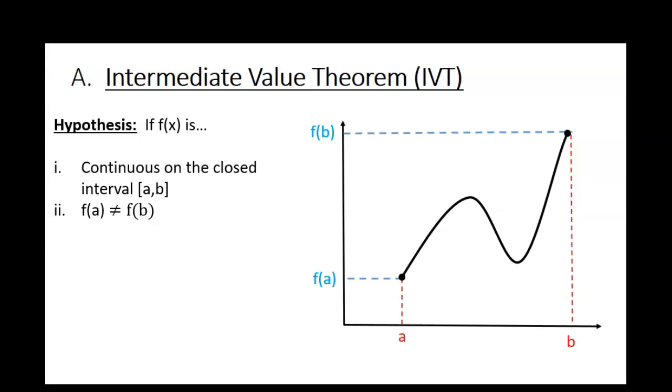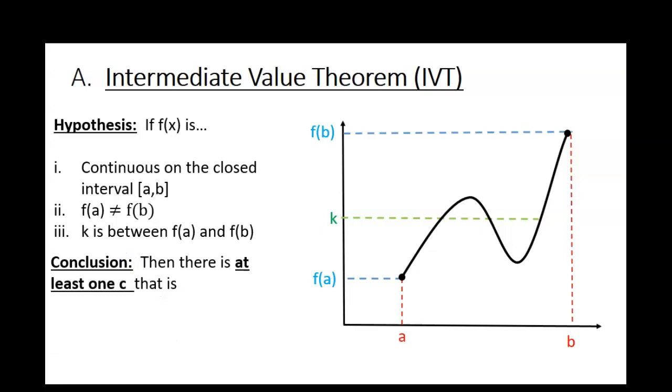Okay? Because the next thing is that we're going to pick some random y value between there. Okay? So if you have a continuous function where the endpoints are not at the same height, you could pick some random y value between there. Then it has to be the case that there is at least one x value, which I'm going to call c, between a and b.